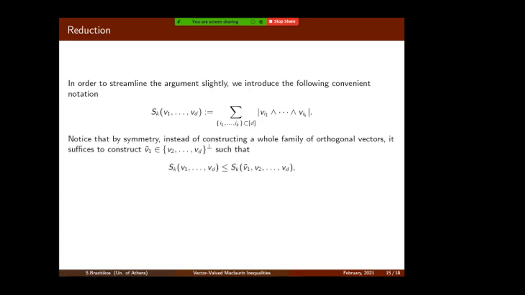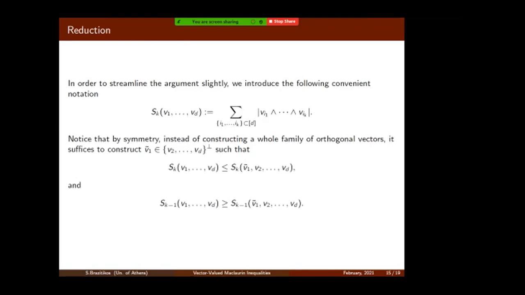What we would like to do is to construct a vector v1 tilde, which lies in the orthogonal complement of the span of v2 up to vd, such that S_k is smaller than S_k where we replace v1 with v1 tilde, and the S_{k-1} mean is bigger or equal than this one.